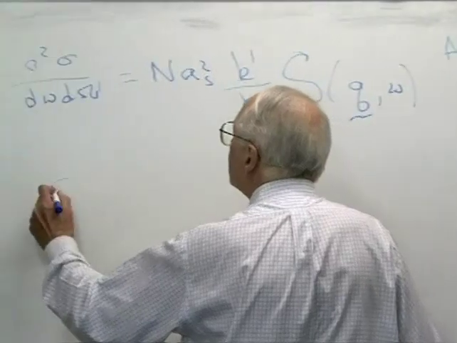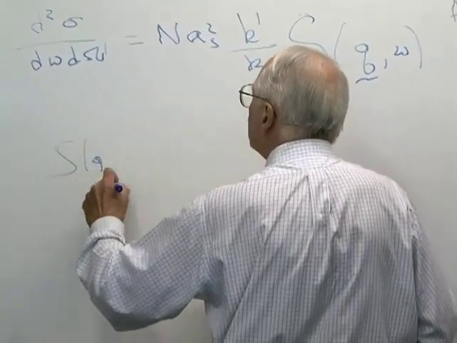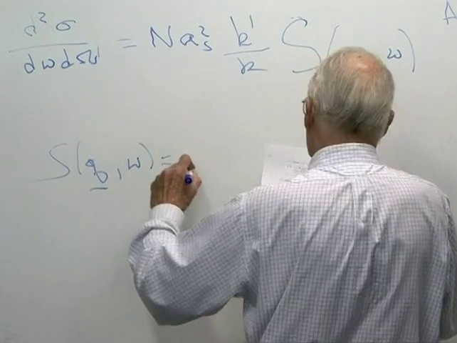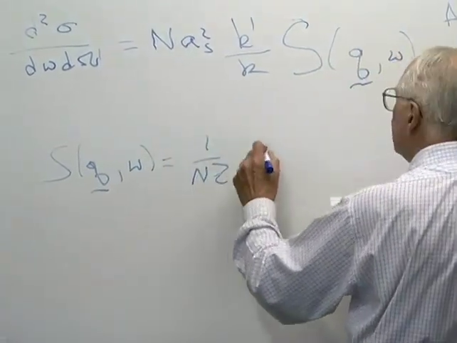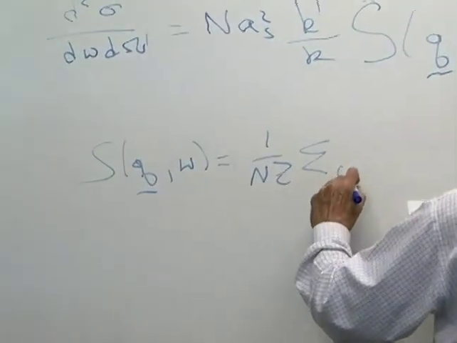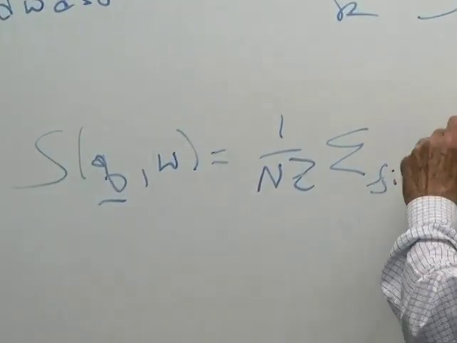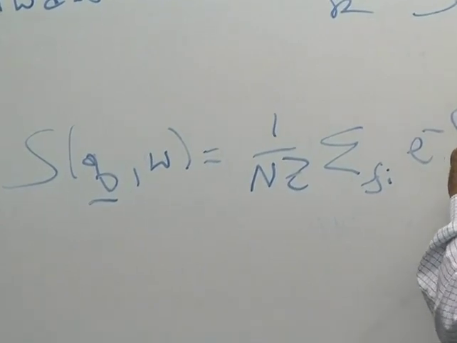So S of q and omega is 1 over capital N, the partition function, sum on f and i, e to the minus beta E_i.